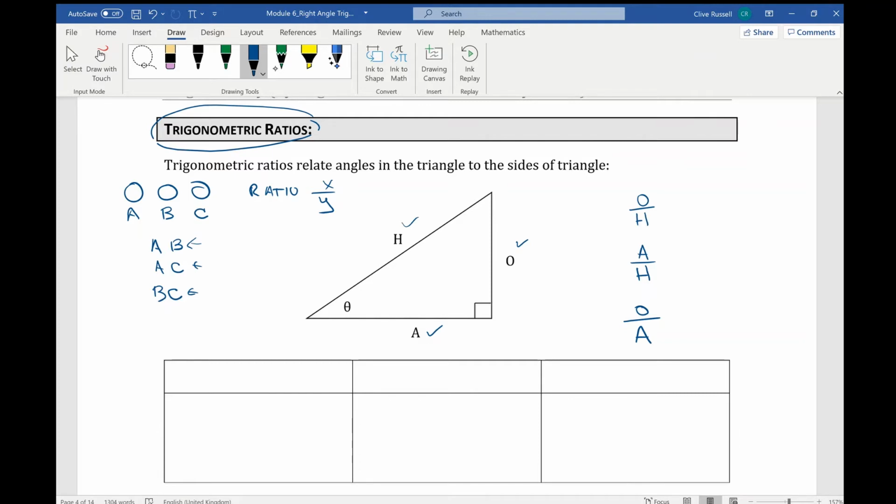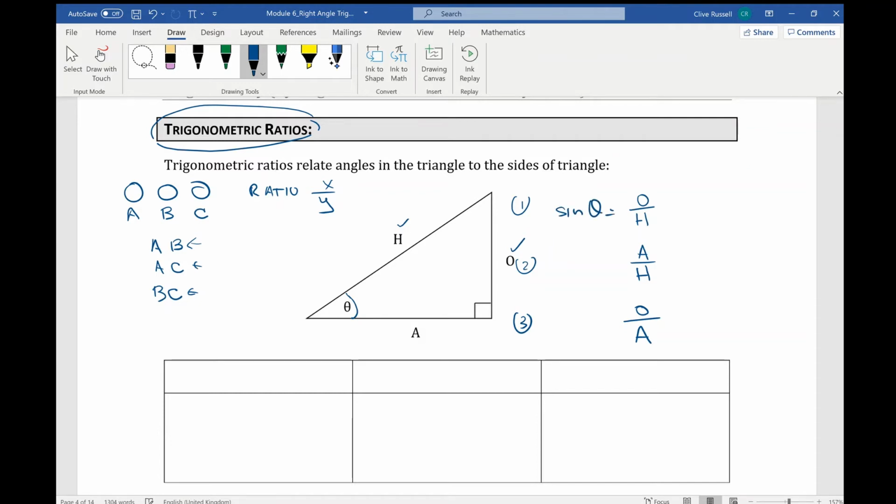Now when I form these ratios, I give them special names. I'm going to label them 1, 2, and 3. If I take O over H in relation to theta, remember it's always relative to the reference angle, we call that sine of theta.